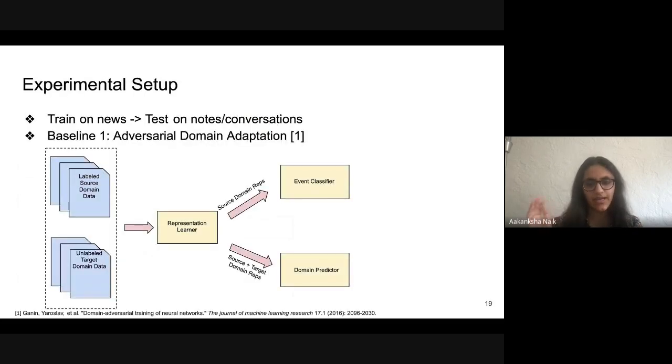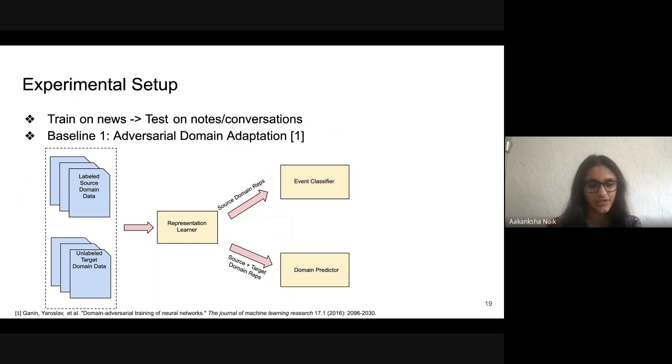In addition to evaluating the performance of our likelihood-based instance weighting technique, we also compare it against a bunch of different baselines. The first one is a zero-shot baseline, where you just train on the news data and test on clinical notes and conversations without any adaptation. The second baseline is adversarial domain adaptation, which is also an unsupervised domain adaptation technique.